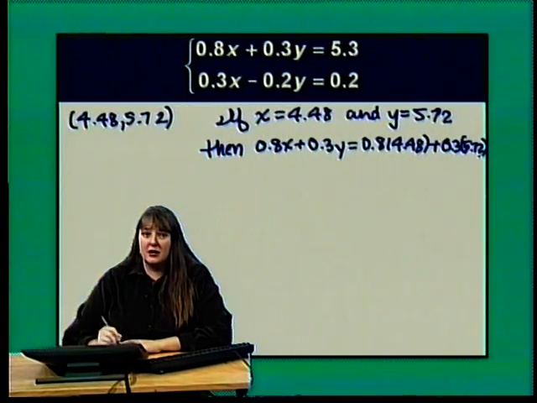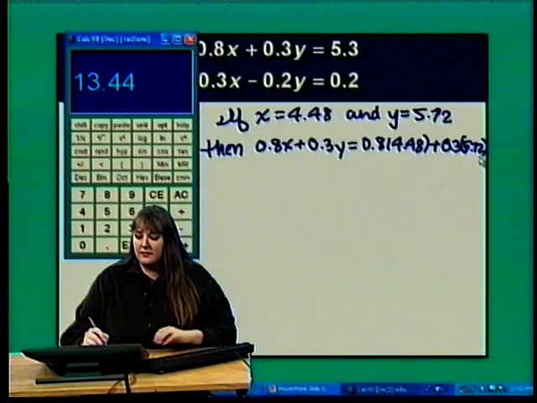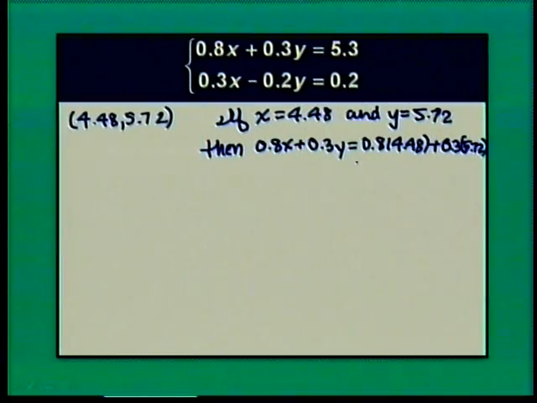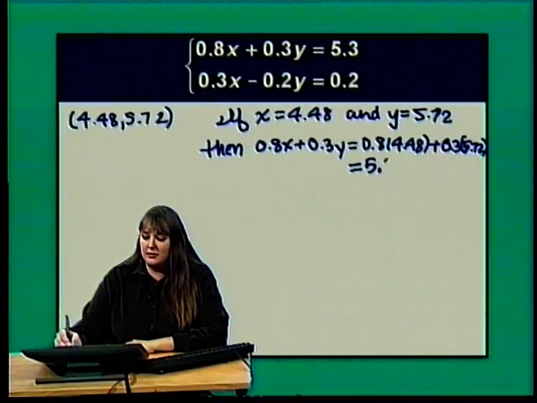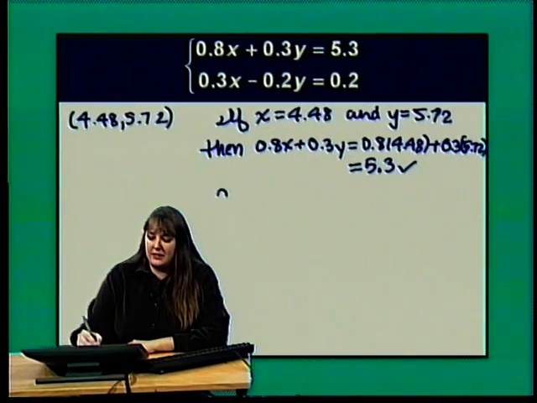And I'm going to pull out a calculator for this check. So I need to take 0.8 times 4.48 plus 0.3 times 5.72. That equals 5.3. Looking up at the first equation, that's good. I wanted 0.8x plus 0.3y to equal 5.3. But I still need to check in the second equation.